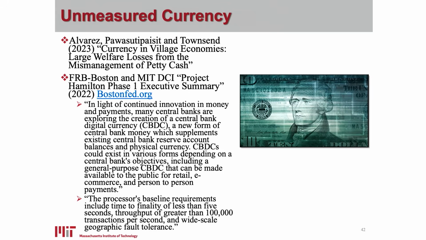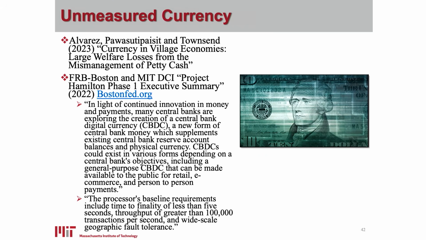This is on unmeasured currency. First of all, and I'll come back to this hopefully at the end, there's a paper for Thailand where paper currency was so heavily used, and we actually were able to back out a measure of the use of it and detected huge welfare losses.